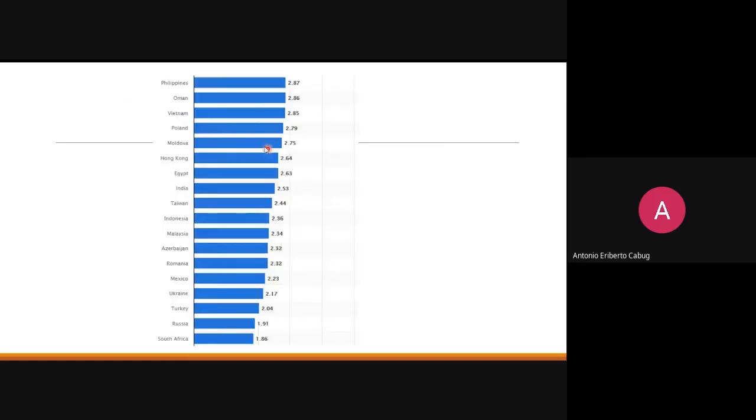Go to the Philippines, the Big Mac is $2.87. That's around 140 pesos. And in South Africa, $1.86. Convert it to pesos, it's less than 100 pesos. The Big Mac is very cheap.